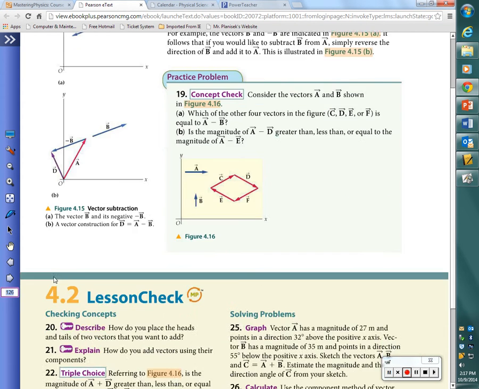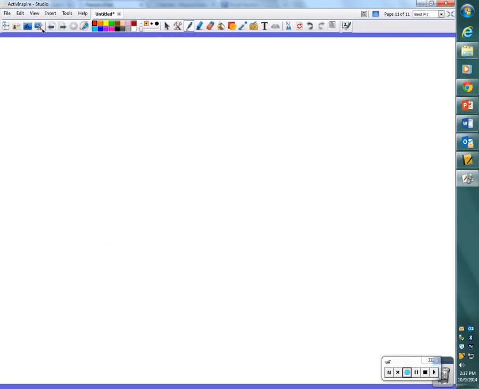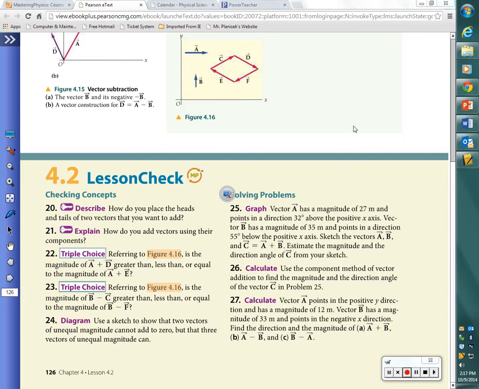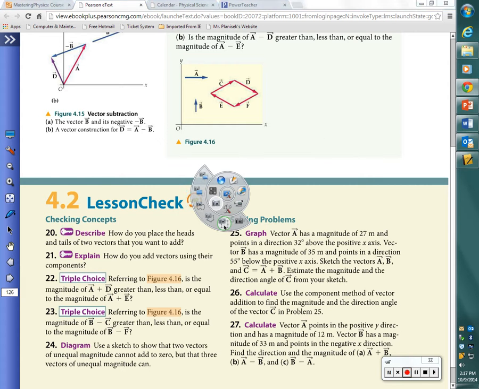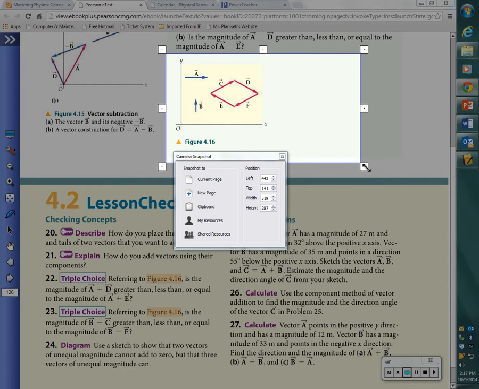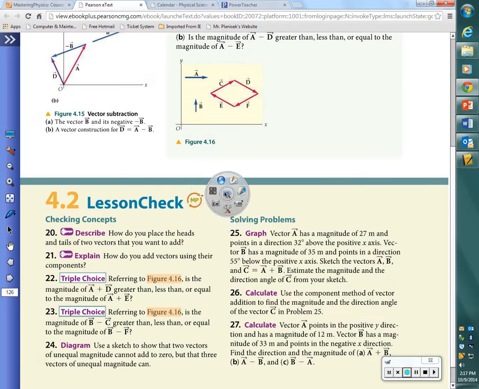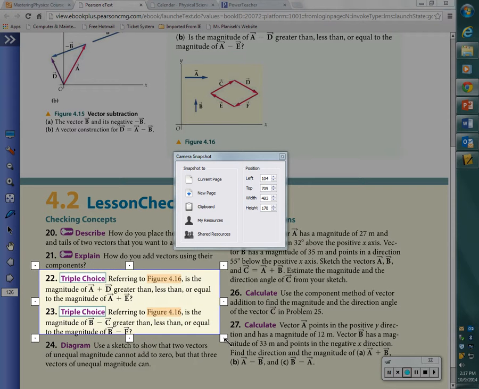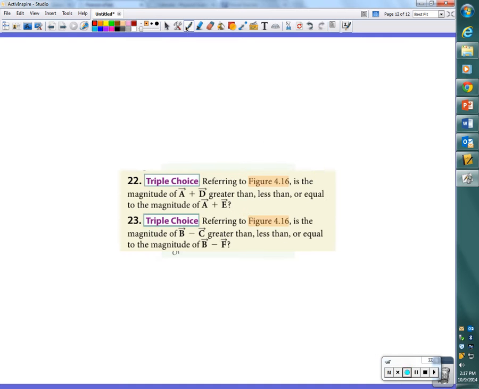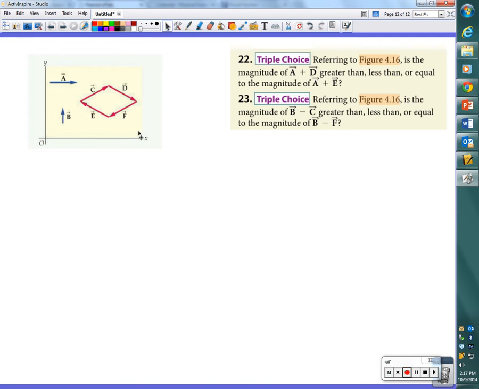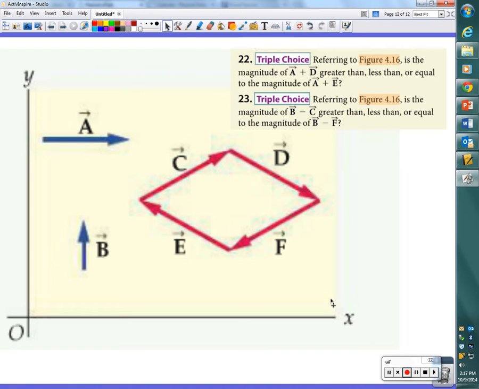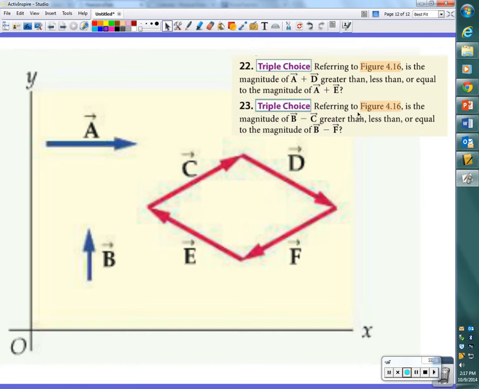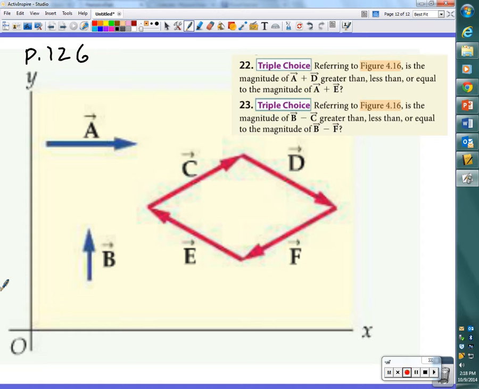Yes, it is indeed 126. As part of your homework last night, I asked you to do a couple of problems.